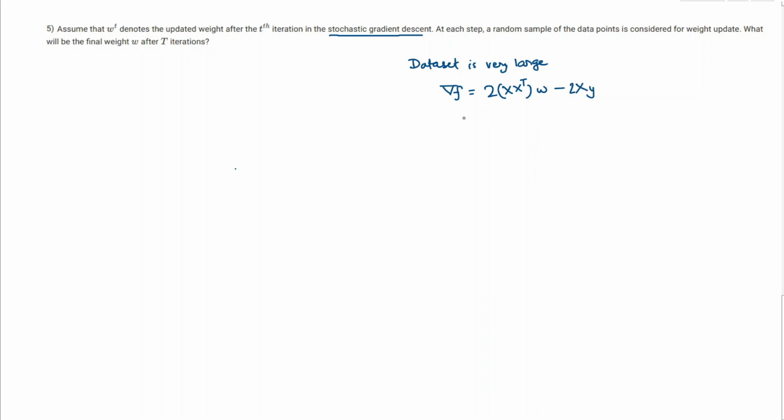This will be the gradient when we take f to be equal to the norm squared of X transpose W minus Y, or alternatively, you can write this as X transpose W minus Y whole transpose times X transpose W minus Y, right? Now, when the data set is very large, computing the gradient of f, because it has an XX transpose component, is very data intensive, right?